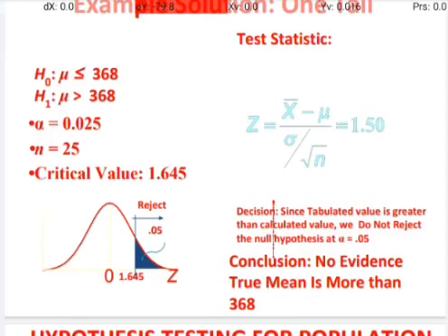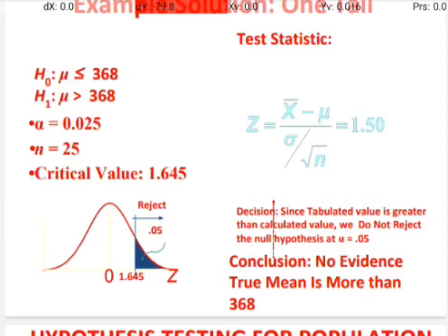So now you will compare your Z calculated to your Z tabulated. Your Z calculated is 1.50, as you can see. You will discover that 1.50 is less than 1.65, which is your Z tabulated. I said earlier that if Z calculated is greater than Z tabulated, you will reject the null hypothesis.